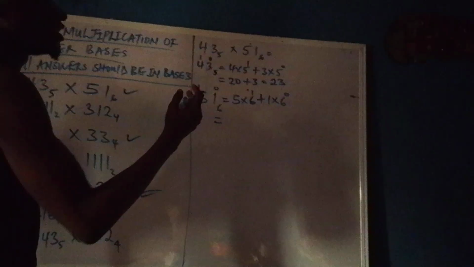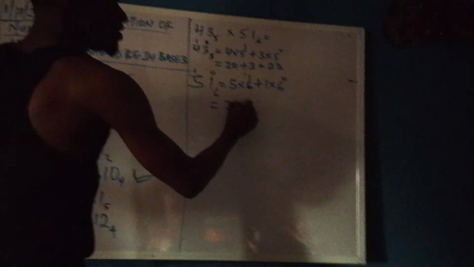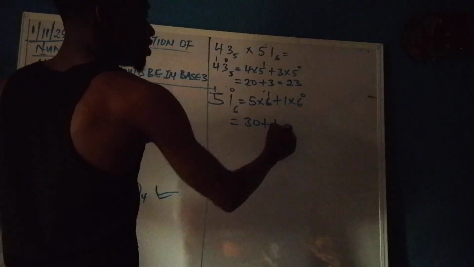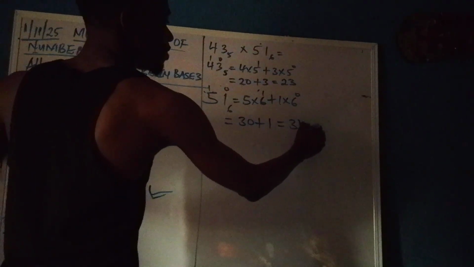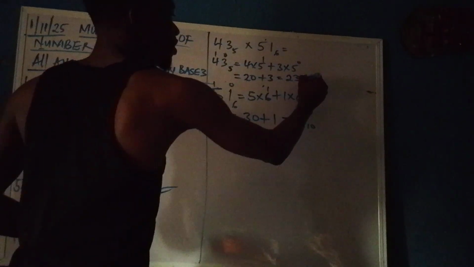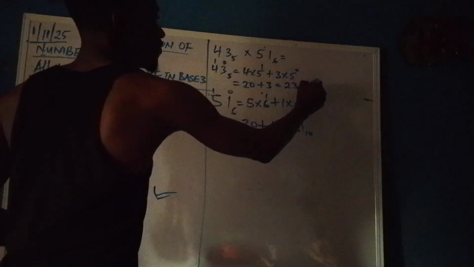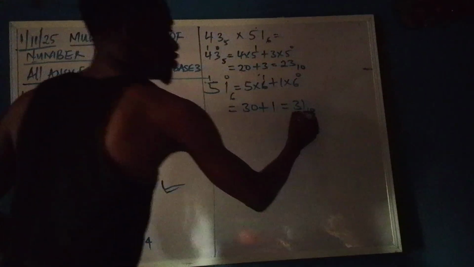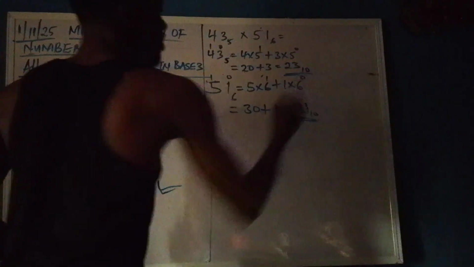So 6 raised to the power of 1 is 6, times 5 is 30, plus 6 to the power of 0, that's 1, and 1 times 1 is 1. Final answer is 31 base 10. So we have been able to convert both 43 base 5 and 51 base 6 to base 10. This is the answer in base 10, and this is the answer in base 10.